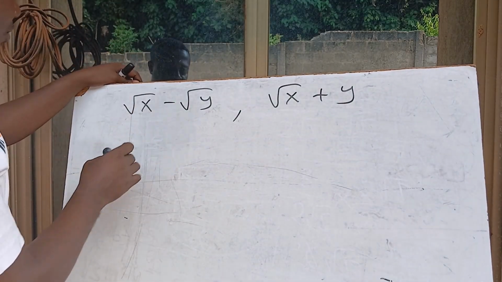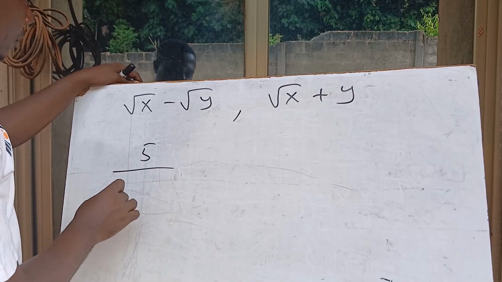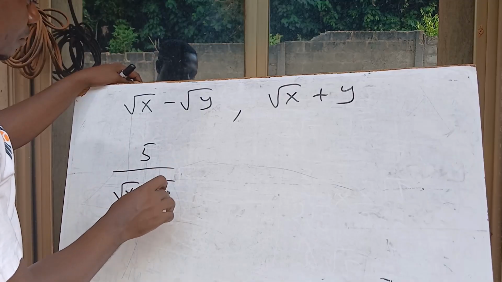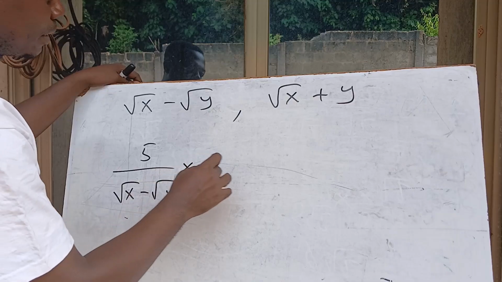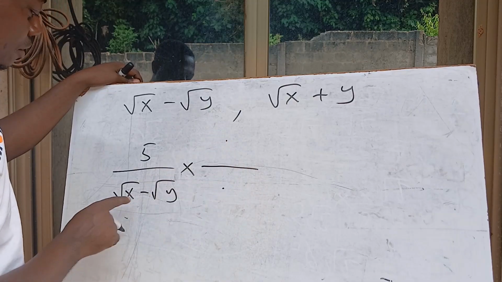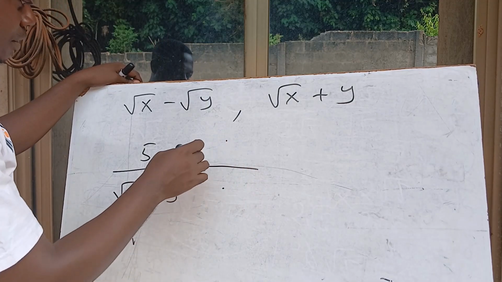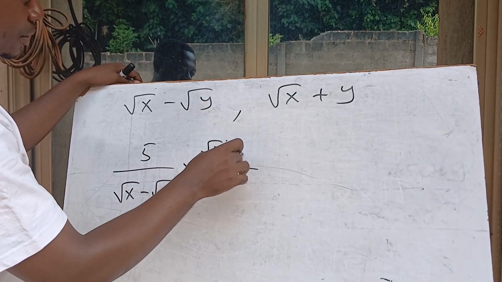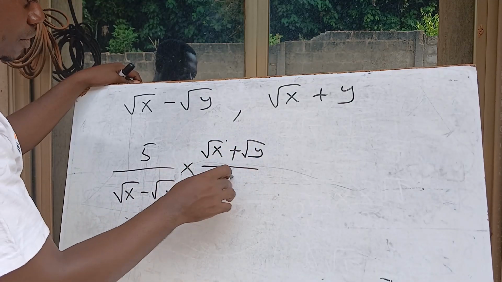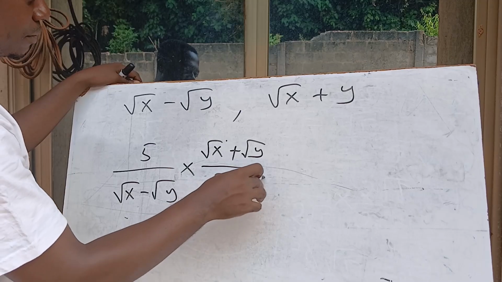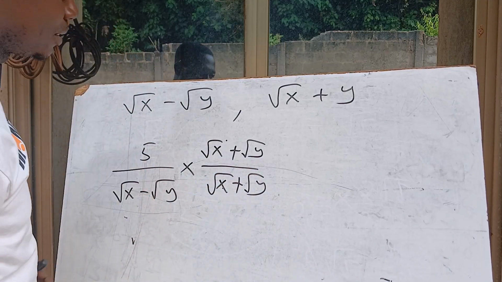If it happens this way, say 5 on square root of x minus square root of y, we multiply both numerator and denominator by the conjugate of this. So that will be square root of x plus square root of y over square root of x plus square root of y. That is the conjugate.